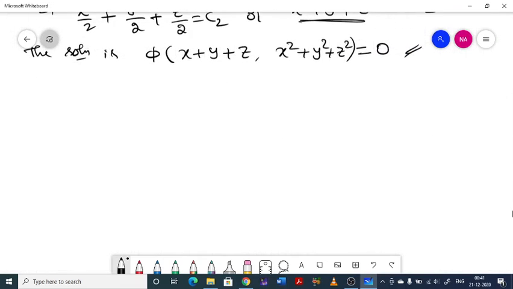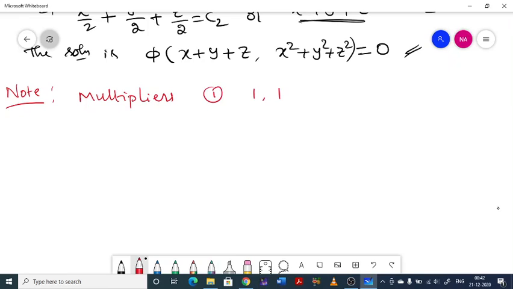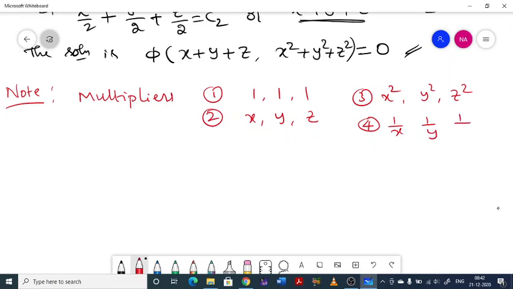Next let us consider one more problem. Before starting this problem, I would like to say you note, generally we will take multipliers either 1 1 1, or x y z, or x square y square z square, or fourth one 1 by x, 1 by y, 1 by z.